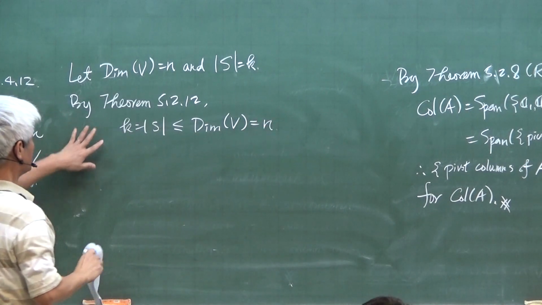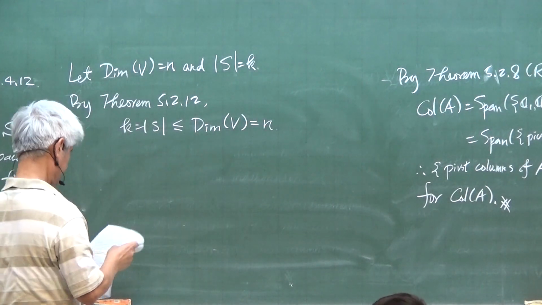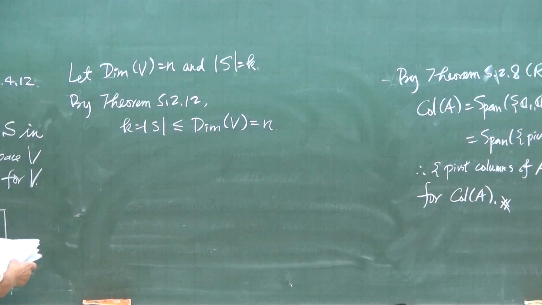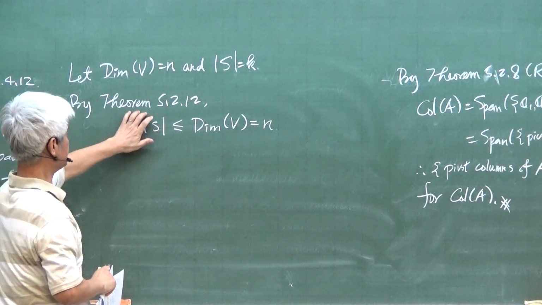So k must be less than or equal to n. This is the theorem we just proved.